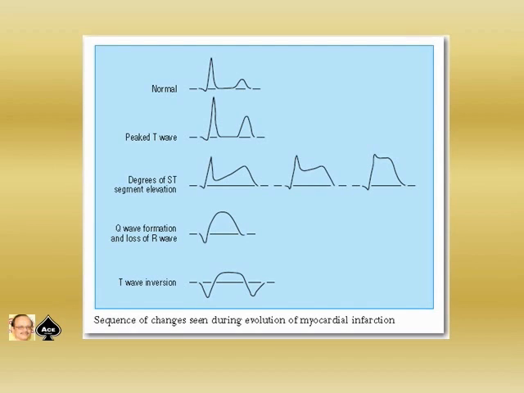In this picture I am showing the normal ECG, then peaked T wave, then the degree of ST segment elevation, the three pictures you can see, then the Q wave formation and loss of R wave, then the T wave inversion. These are the sequences of changes seen during evolution of myocardial infarction. This picture should be memorized.